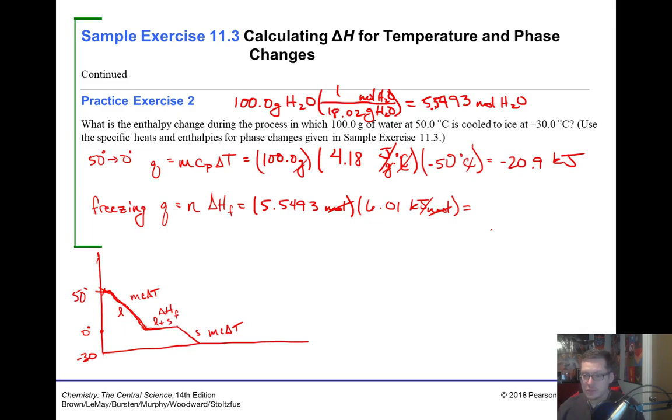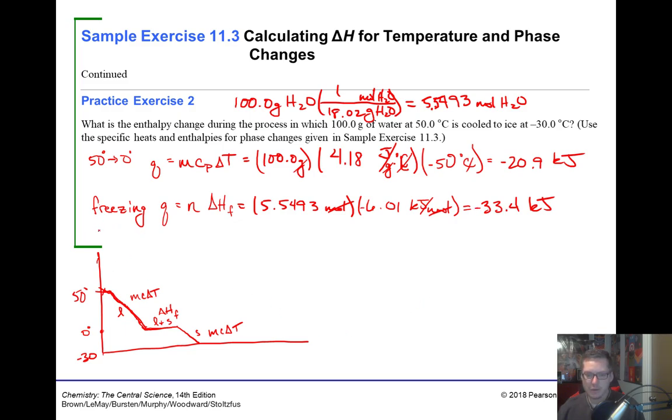It should be 33.4 kilojoules, 3 sig figs because of this guy here. And this should also be negative, because we're going backwards, energy's leaving. So it'd be negative 33.4 kilojoules.